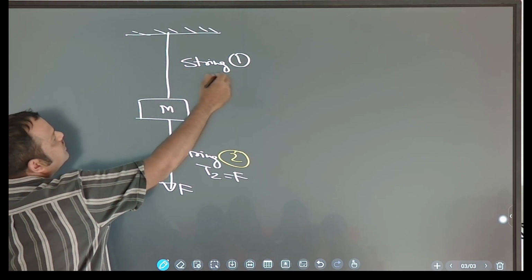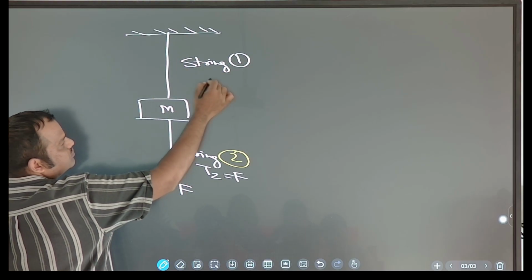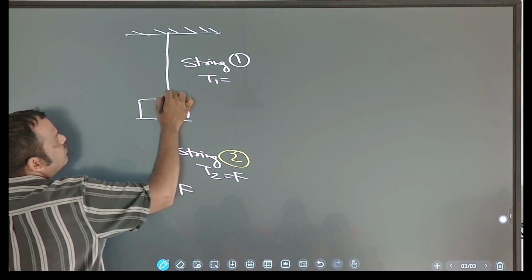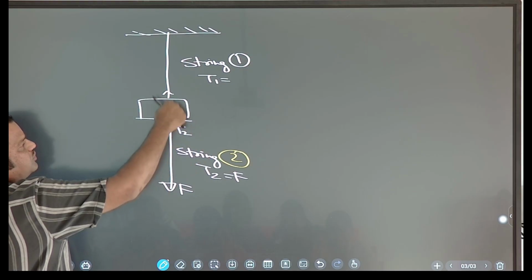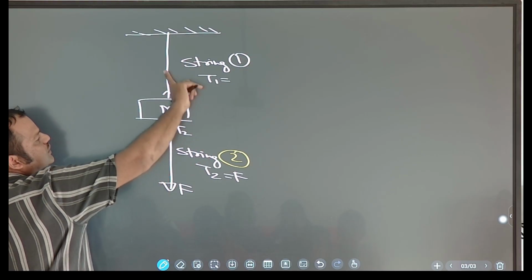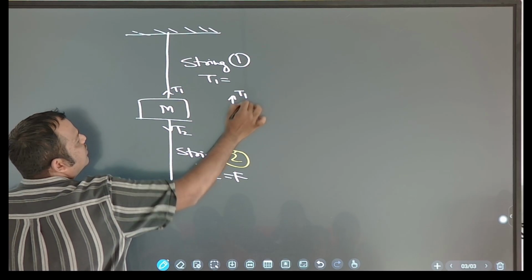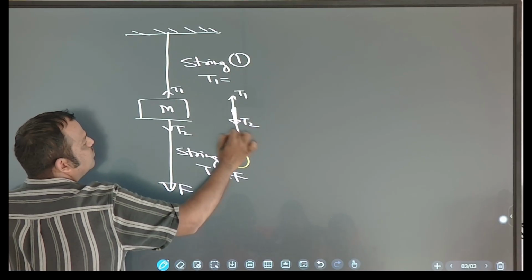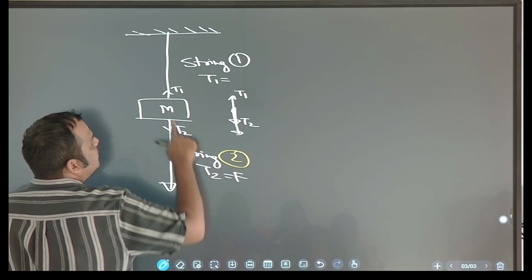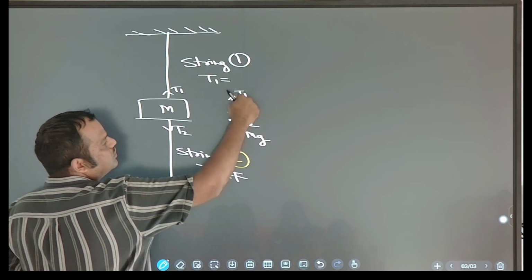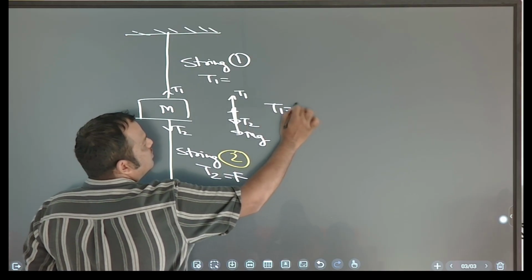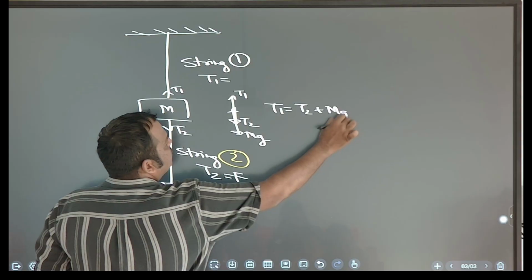And what is the tension in string 1? Here the force is T2, and here the force is T1. So T1 is upward, T2 downward, and mg is also there. So T1 equals T2 plus mg.